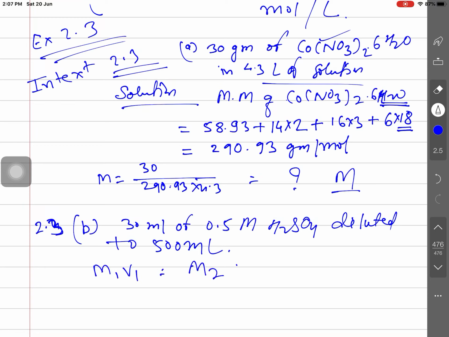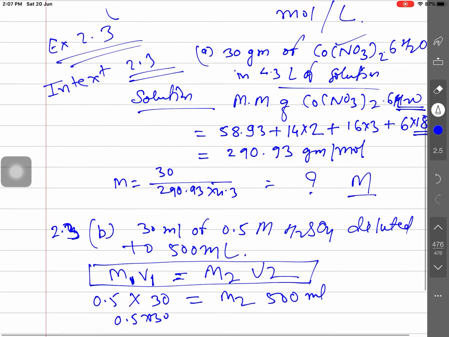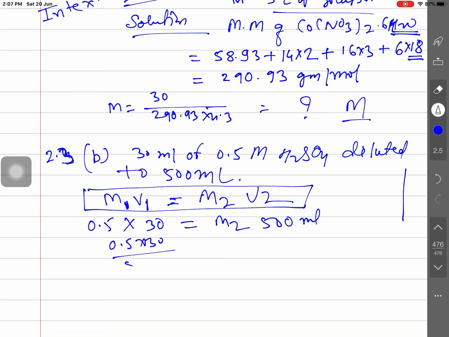M1V1 is equal to M2V2, apply this concept. This is the formula for the initial solution and the final solution. Now M1 is 0.5 M H2SO4 and 30 ml of H2SO4 diluted to 500 ml. So 0.5 into 30 by 500 is equal to M2.